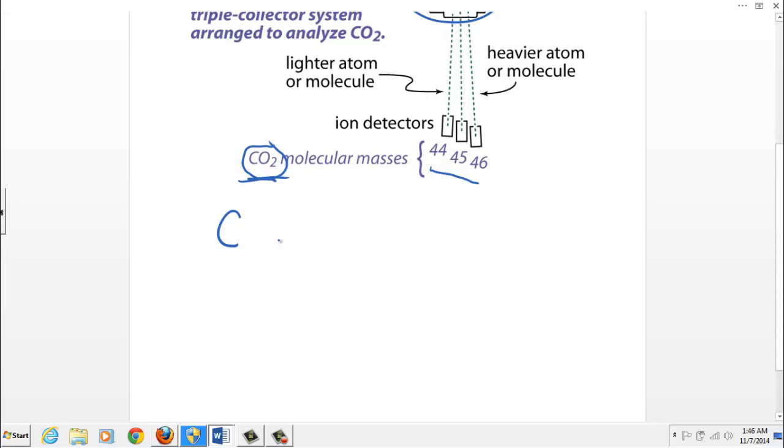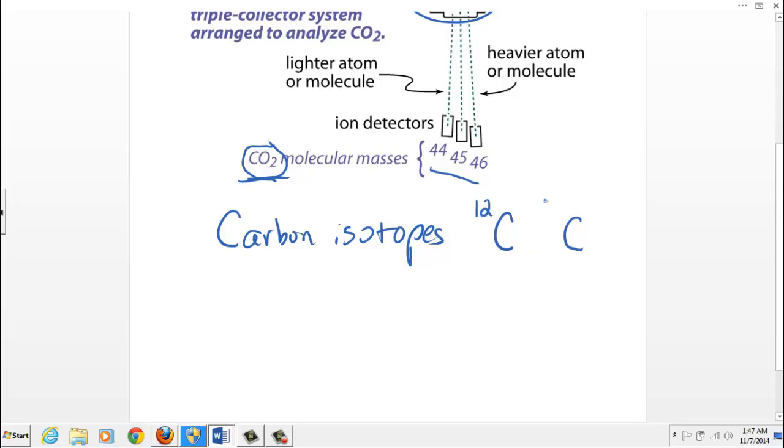carbon has 2 main isotopes. Remember, isotopes are elements with the same number of protons but different numbers of neutrons. For carbon there are some atoms that have 6 protons and 6 neutrons, and since a neutron weighs about the same as a proton, the mass is 12.